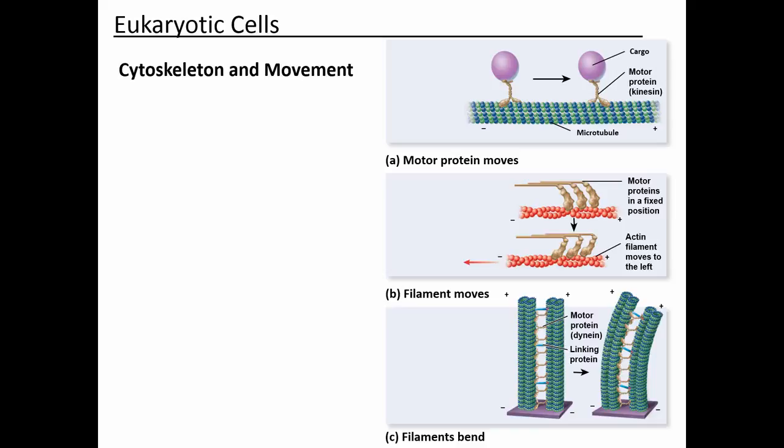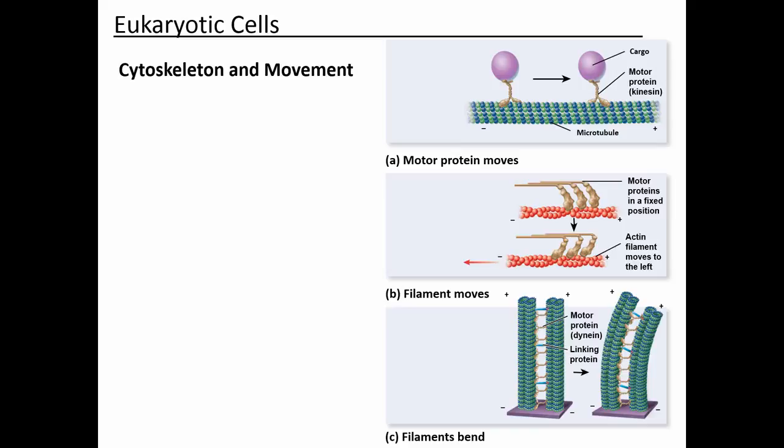But a motor protein is a protein that uses energy from ATP to propel itself along a polymer. Each of the cytoskeletal filaments is a polymer. So you can think of these motor proteins as walking along a polymer.